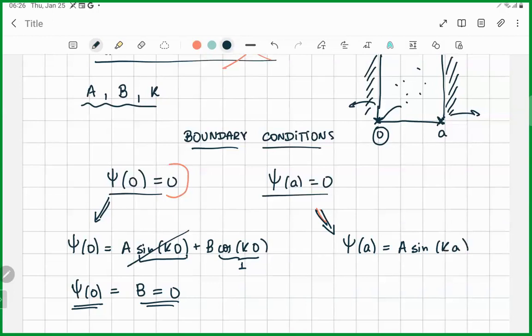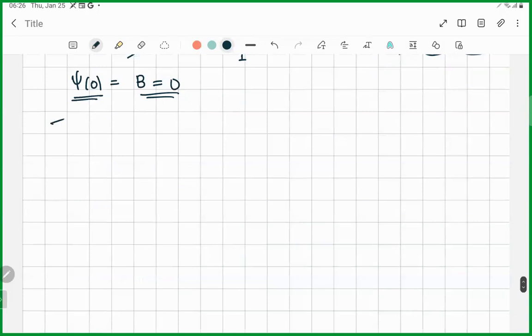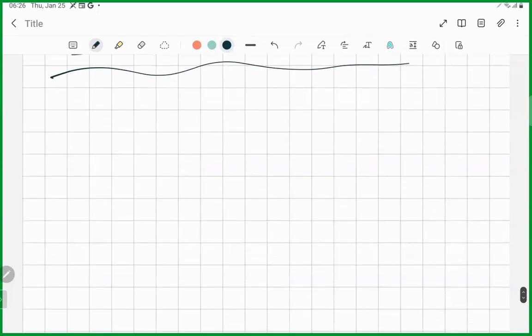And the boundary condition tells us that this thing has to be 0. All right, so let's isolate what we just found. At a, the function is 0, and because of that, big A sine k little a has to be 0.